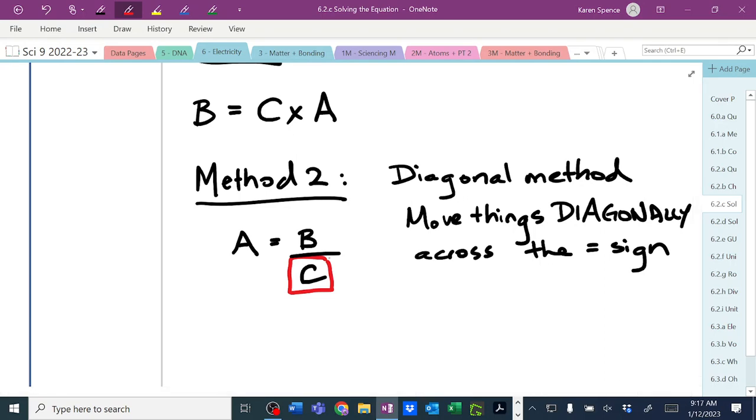But here's my question to you. Am I going to move it? Let's just say I put a line here just so I could, if I wanted to, put something on the bottom. Am I going to move C here, or am I going to move C up here? I'm going to move it up because I'm going to move it diagonally across the equal sign.